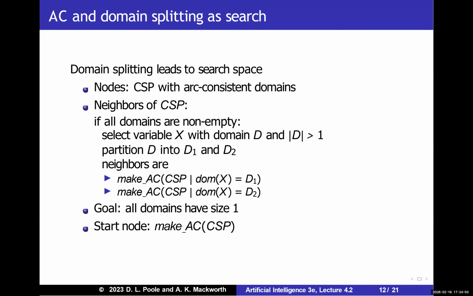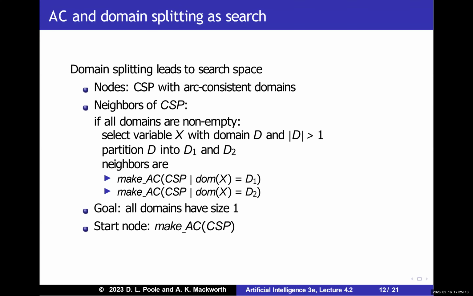And then to continue with ARC consistency and domain splitting as search, domain splitting turns the CSP into an explicit search process. Each node in the search space represents a CSP whose domains have already been made ARC consistent.